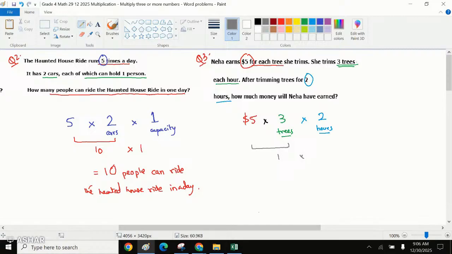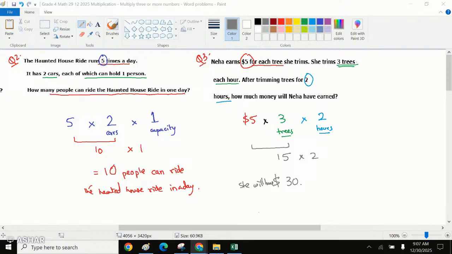I thought it was a 6. 5 times 3 is 15 times 2 is $30. How much money will Neha have? She will have $30 after two hours of trimming, right? $30.